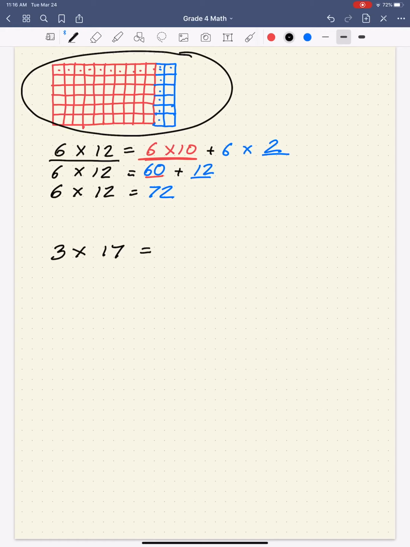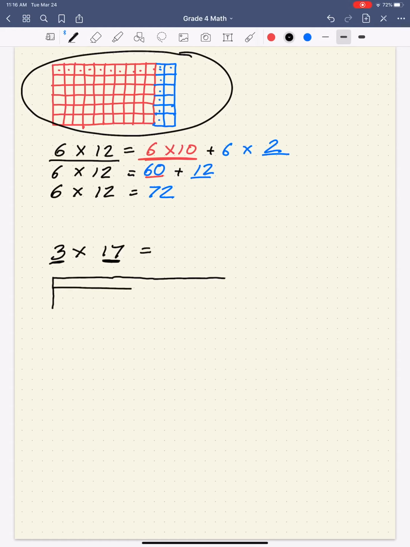So we know there are going to be 3 rows in the array, and there's going to be 17 across the array. So let's start just by drawing that. 1, 2, 3. Those are our 3 rows. And 17. 1, 2, 3, 4, 5, 6, 7, 8, 9, 10, 11, 12, 13, 14, 15, 16, 17.